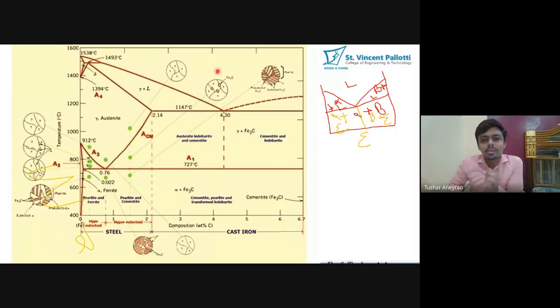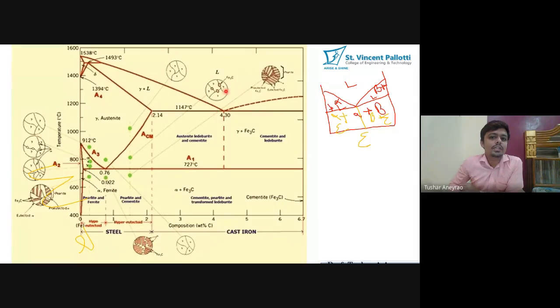After the liquid solution is there, this line is denoting what? The temperature and the composition at which the eutectic reaction is happening. So this eutectic reaction is happening at how many degrees? 1147 degrees centigrade and 4.3% carbon.